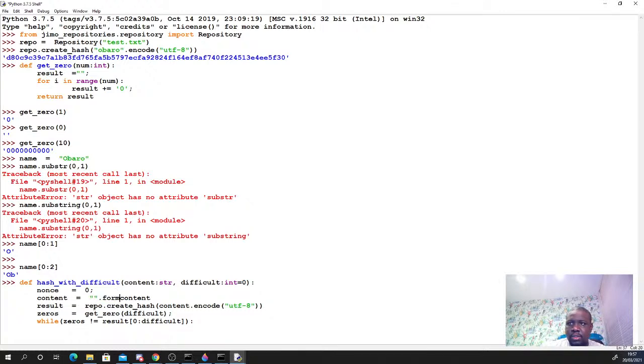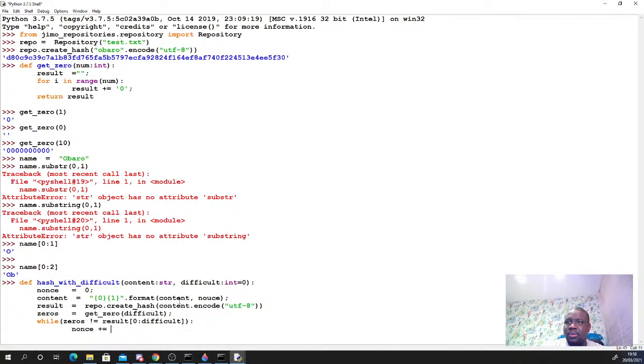Every time we find the hash of this content, we will append this content. Let's do it this way, okay? Append this content plus the nonce value. So the content will be here and the append value will be there. So the nonce value will definitely increase. So every time we encode this content, if it doesn't match, we increase the nonce value again. I'm going to show you what programming is.